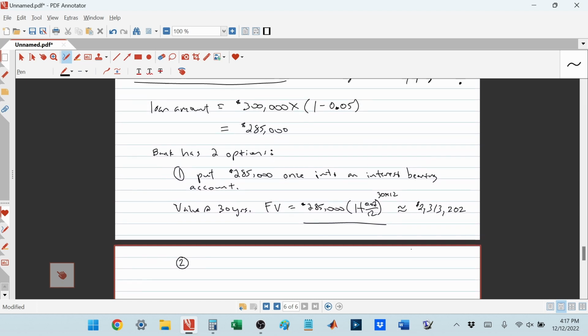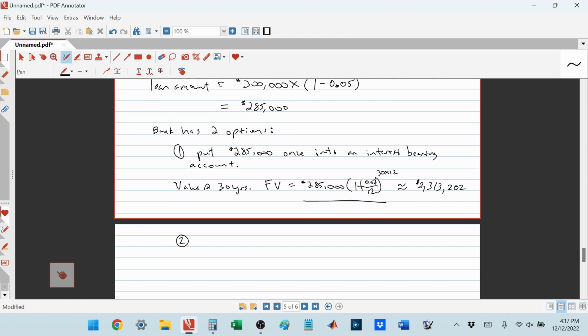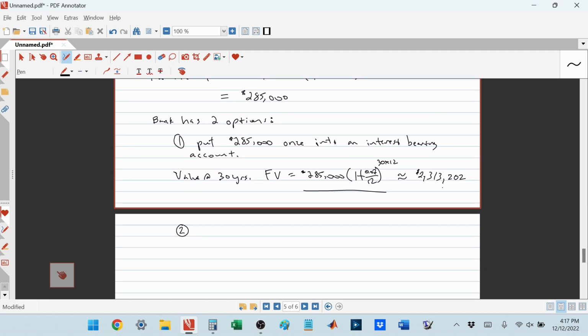Alternatively, the bank could give you the $285,000 and require you to give them P dollars.